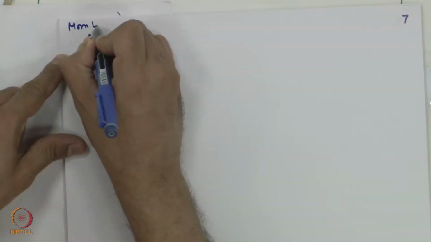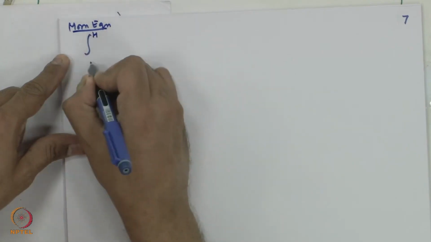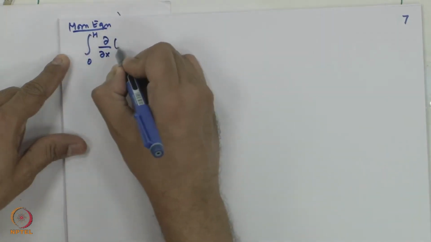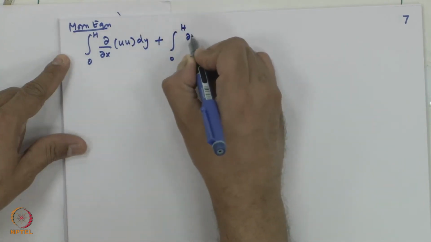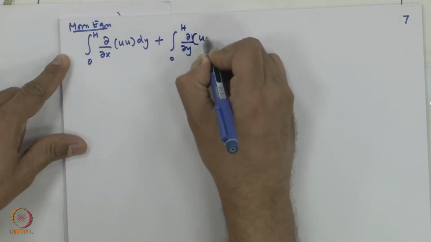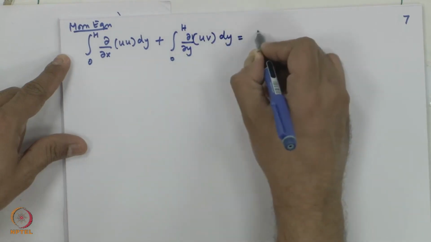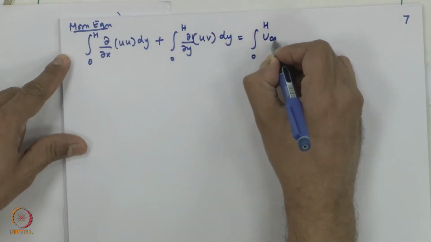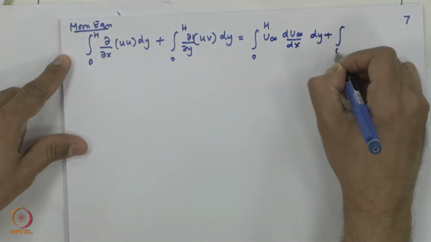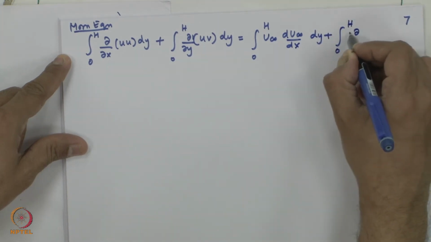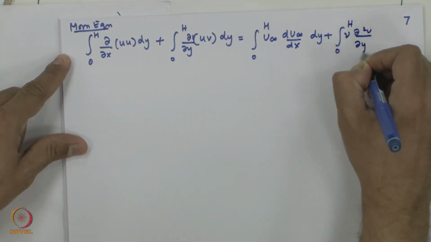So, this is my momentum equation, I am not rewriting it, I will take this and integrate it. Momentum equation on integration: integral 0 to h d by dx of u u dy plus integral 0 to h d by dy of uv dy is equal to integral 0 to h u infinity du infinity by dx dy plus integral 0 to h nu d squared u by dy squared dy.